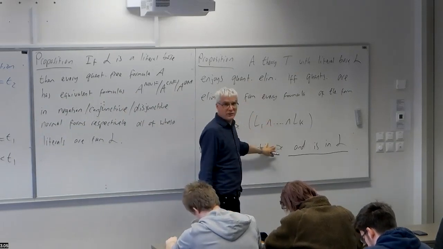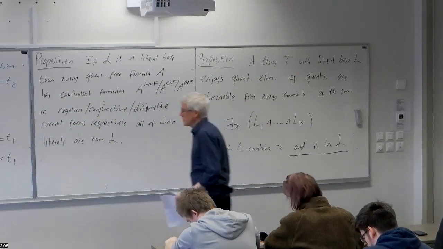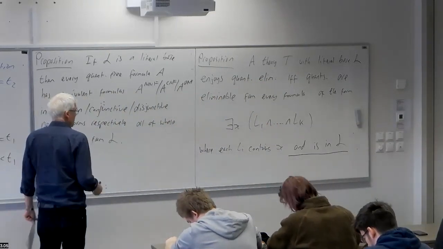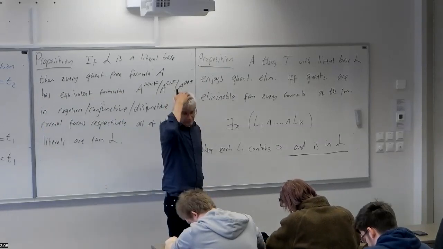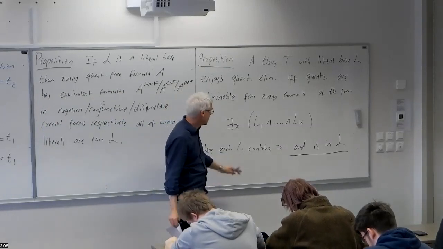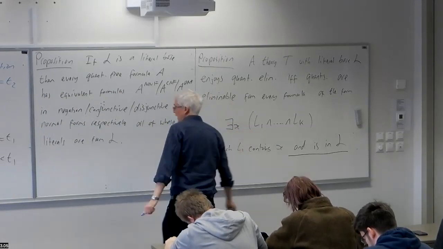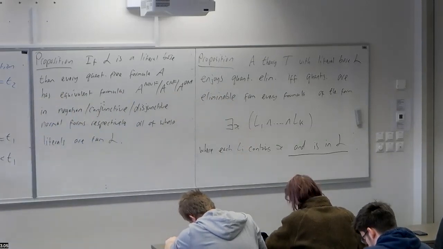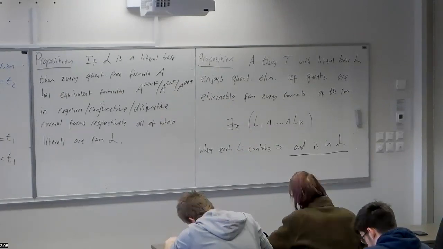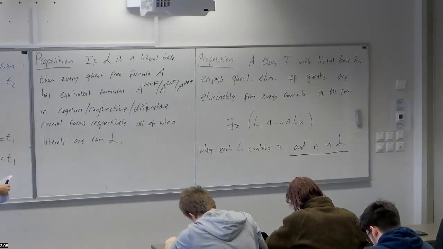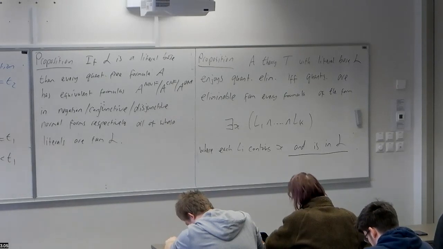Now that we've got this result, we're going to use the fact that this particular choice of literals is a literal base for the theory of rational linear expressions. So we're right now in a position to go and prove theorem A.